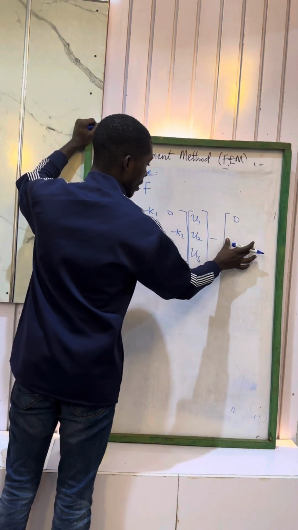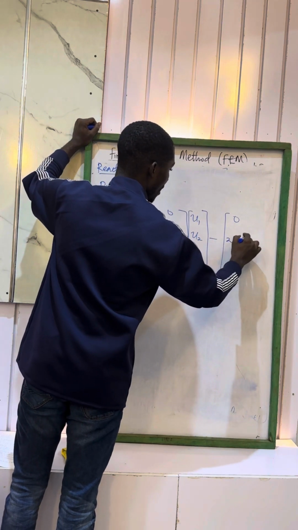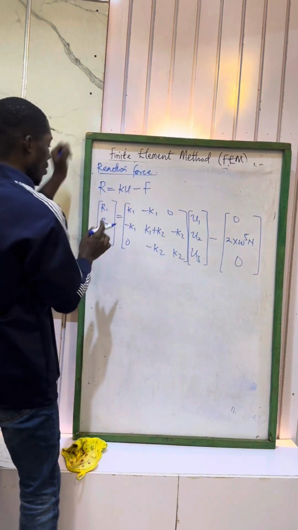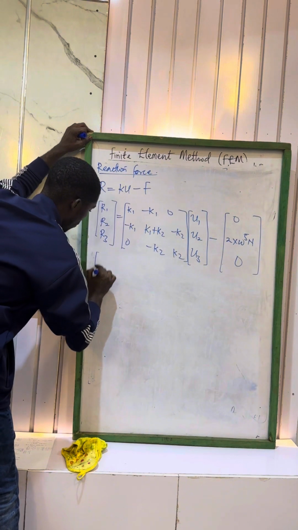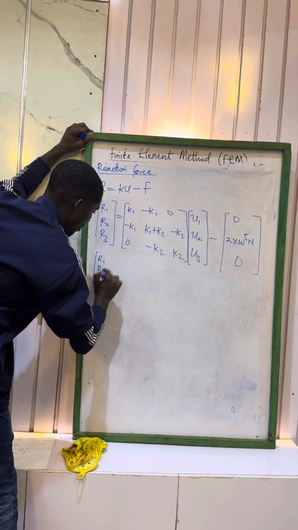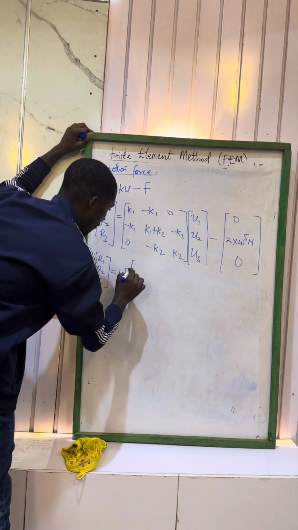The force we got here was F, which is 2 times 10 to the power 5 Newton, and this is 0. So I want to replace everything by their value. We have R1, R2, R3 equals 10 to the power 5. You know where I'm coming from.